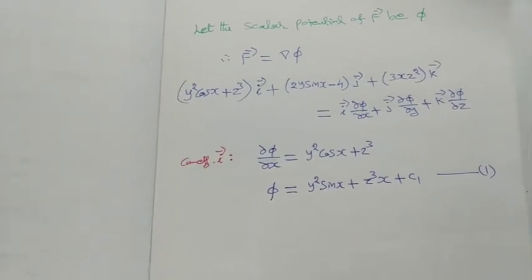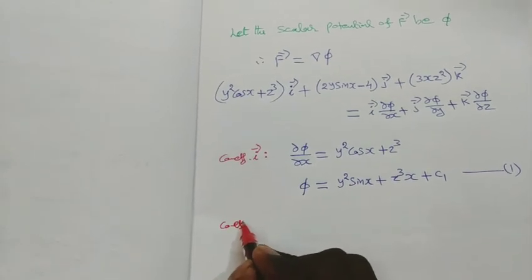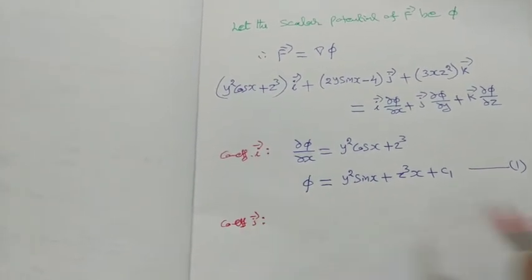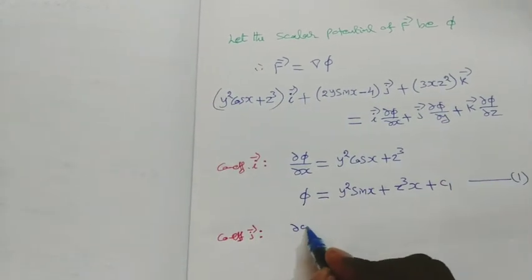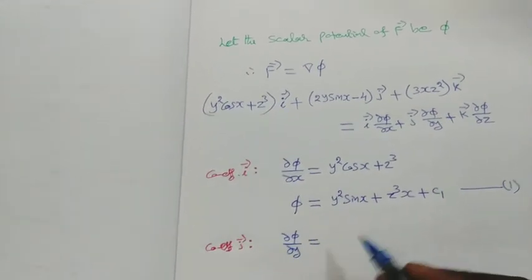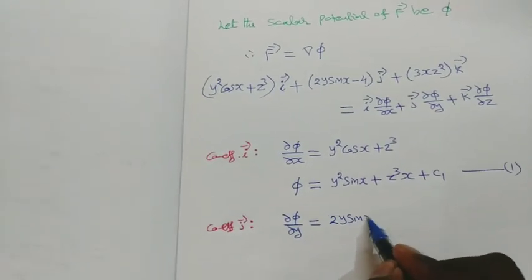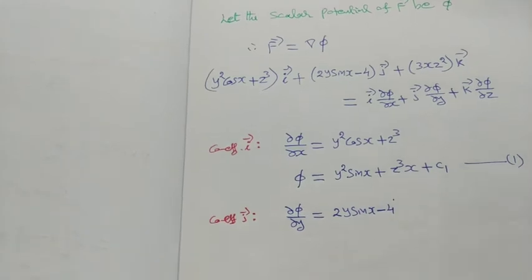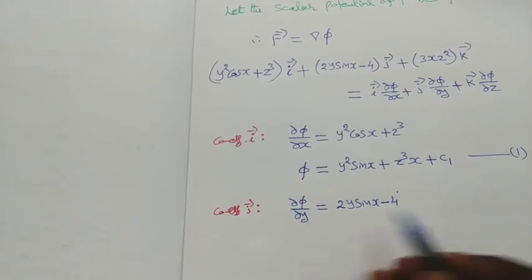So next I am going to equate the coefficient of j. So what is j coefficient? ∂phi/∂y. Here j coefficient is 2y sin x − 4. Now to find phi, I want to integrate with respect to y on both sides.